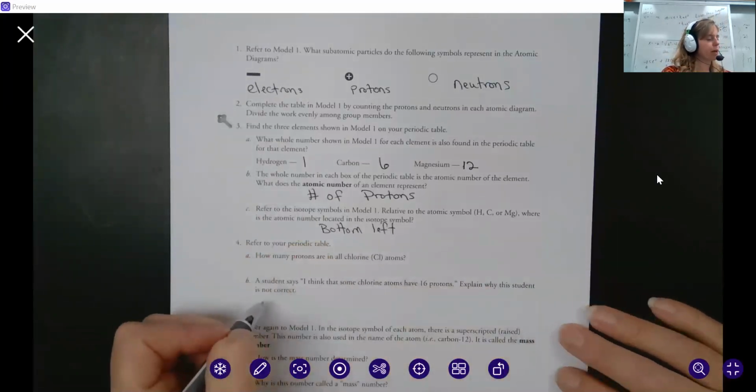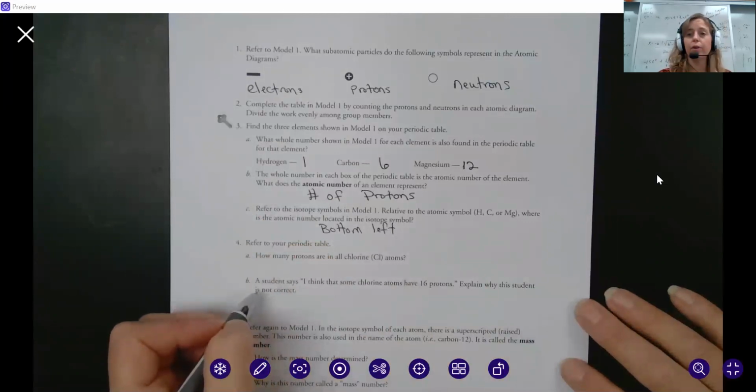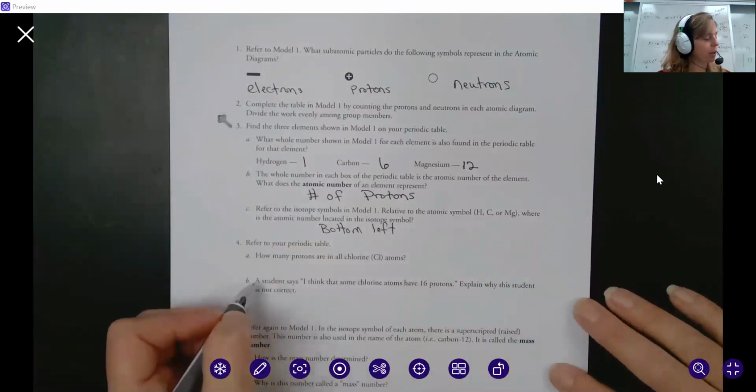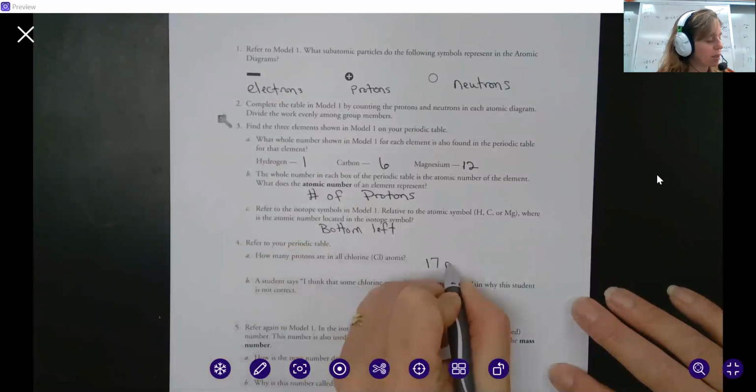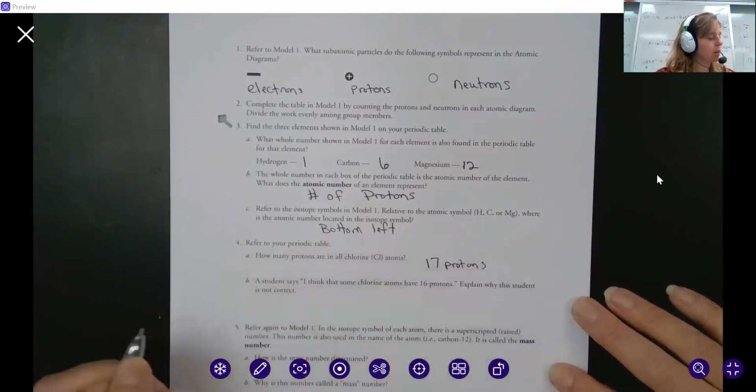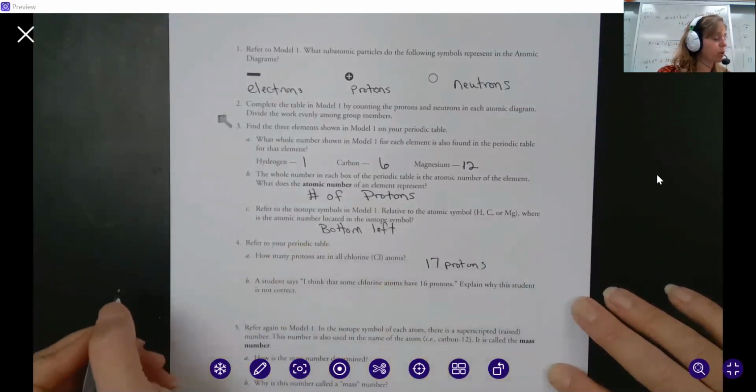Now, refer to your periodic table. How many protons are in all atoms of chlorine? Chlorine has 17 protons. A student says, I think that some chlorine atoms have 16 protons. Explain why this student is not correct.